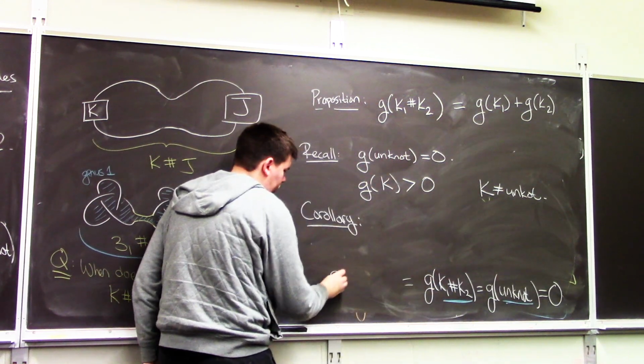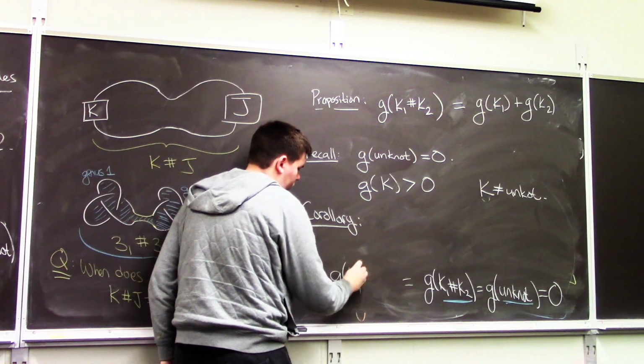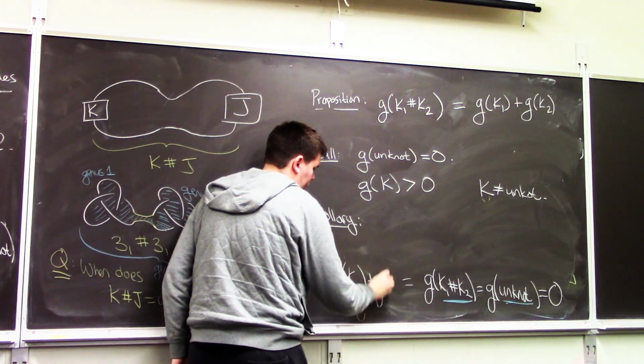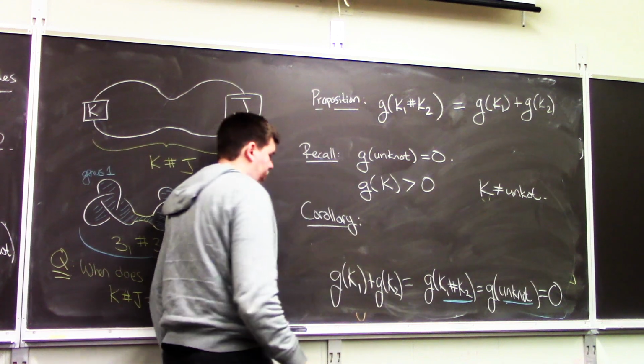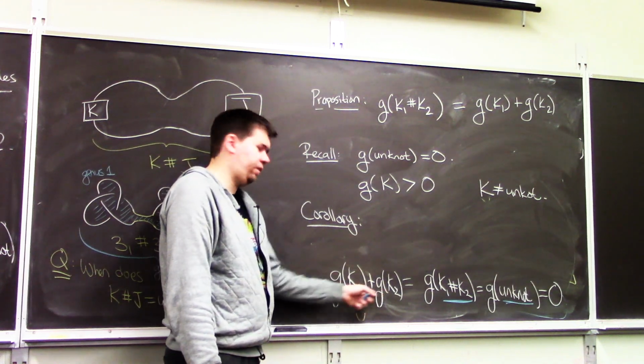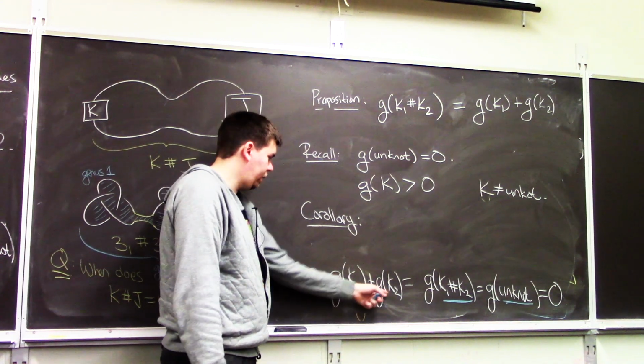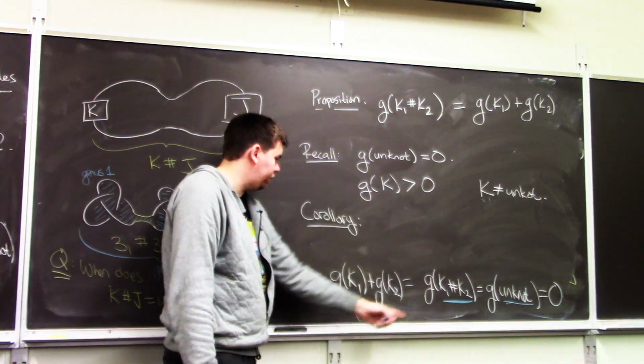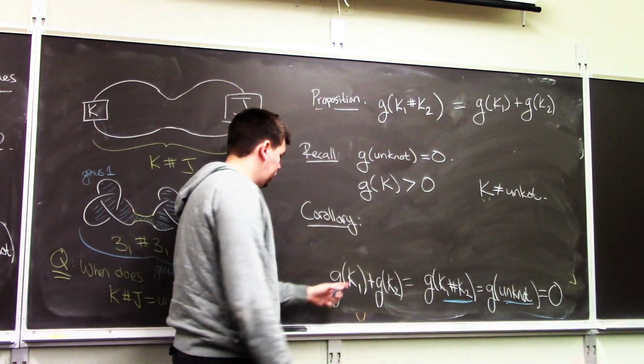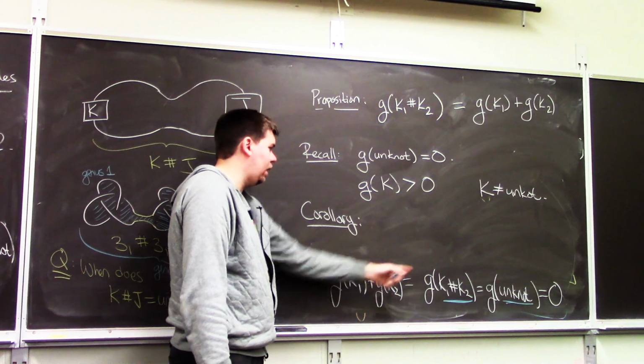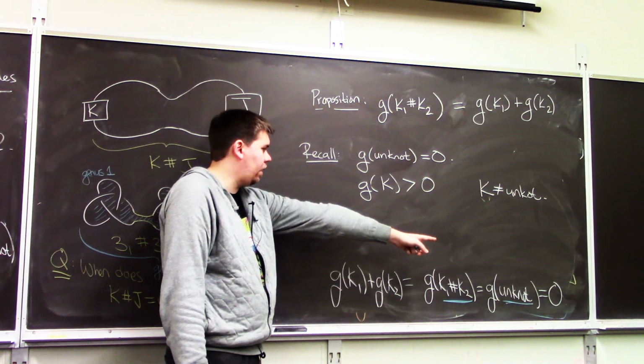So then what did the genus of K1 and the genus of K2 have to be? Well, these are going to be positive if it's not the unknot. So they can't be anything other than the unknot, otherwise it would be positive. So these must both be the unknot in order to come out with genus 0.